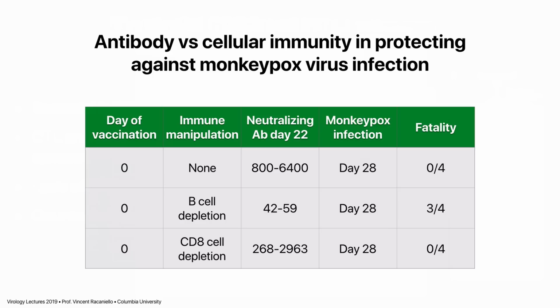So this tells you that the antibodies are important for protection. If we deplete CD8 cells, you still get a good antibody response, and you would expect that because CD8s don't play a role in that. If you depleted CD4s, you might see a difference, and these animals are all protected. So in this case, antibodies are important for protection. You could do similar experiments in another virus which would show that CD8s would be important.